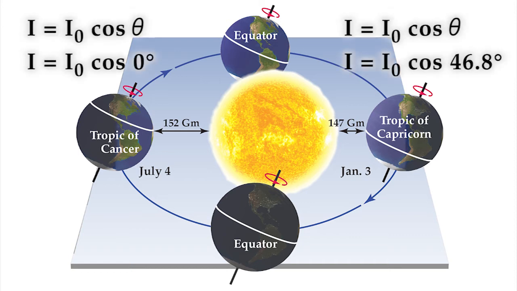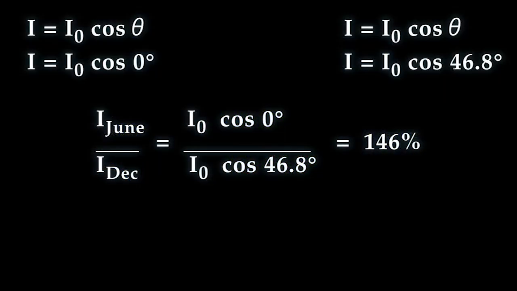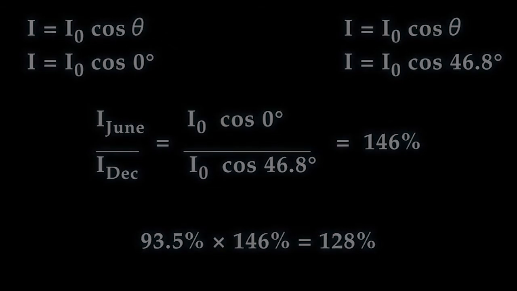For example, at the Tropic of Cancer, the ratio of solar energy in June over solar energy in December equals I sub 0 cosine 0 degrees over I sub 0 cosine 46.8 degrees, or 146%. Together with the effect of distance, this equals 93.5% and 146%, which equals, in total, 128% change.